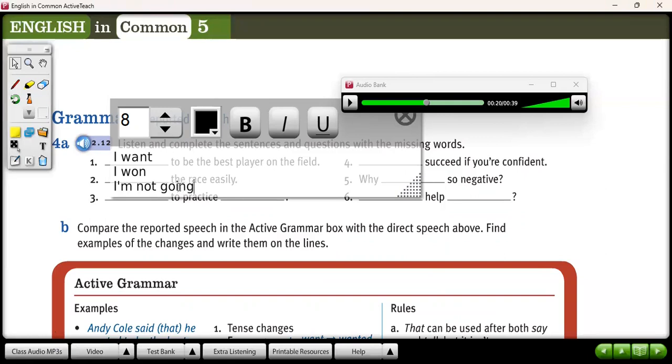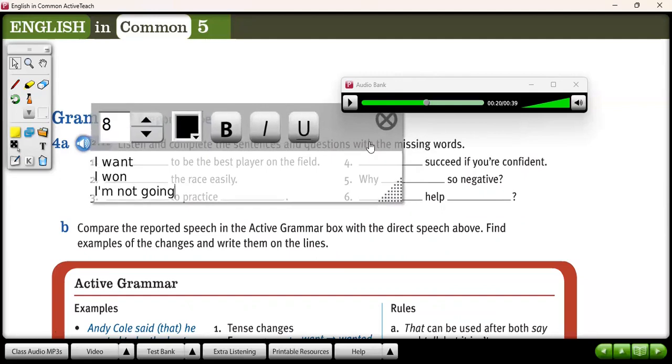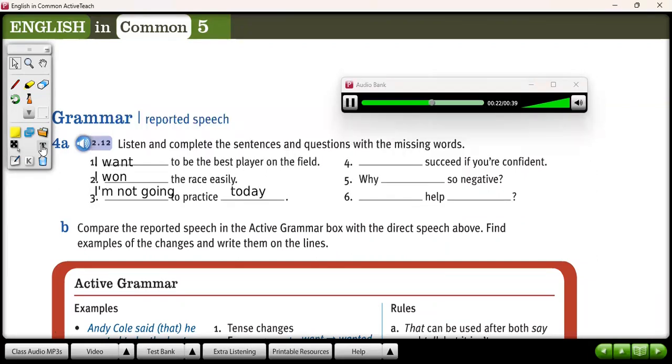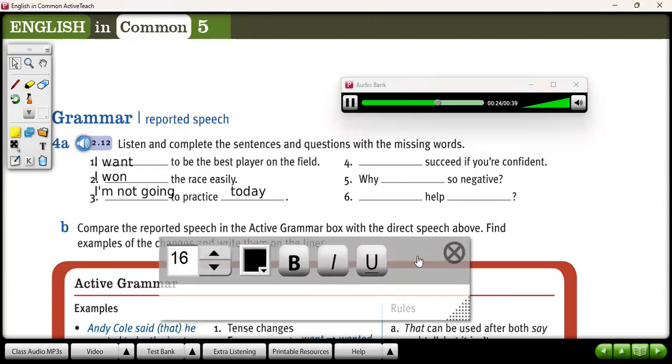'I'm not going to practice today.' 4, You can succeed if you're confident.